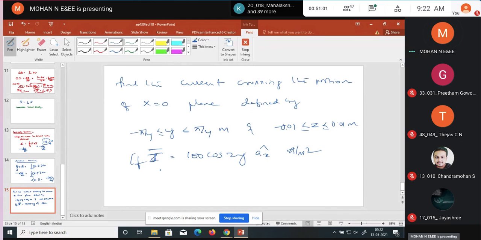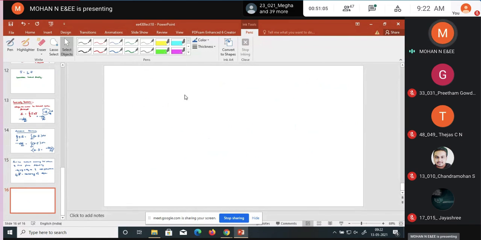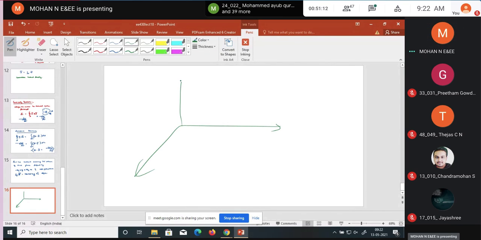Okay. Yes. So we shall take that Z, Y, X, and the X equal to 0 plane. So this is a plane.